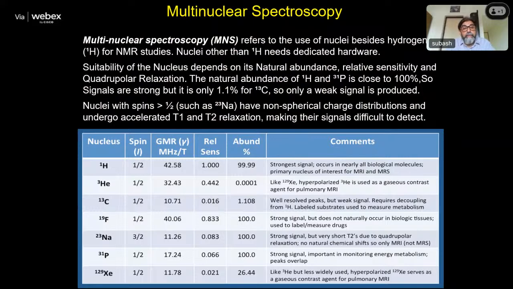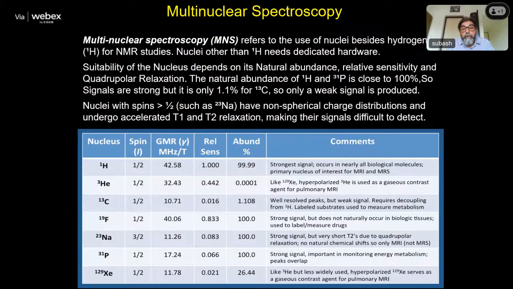Sodium-23 has a spin of 3/2, and it has a much lower frequency, and sensitivity is also much less than hydrogen, but still it gives you a strong signal because it has natural abundance. It is very useful to study the functioning of the sodium pump, intracellular and extracellular sodium concentrations, using sodium spectroscopy.